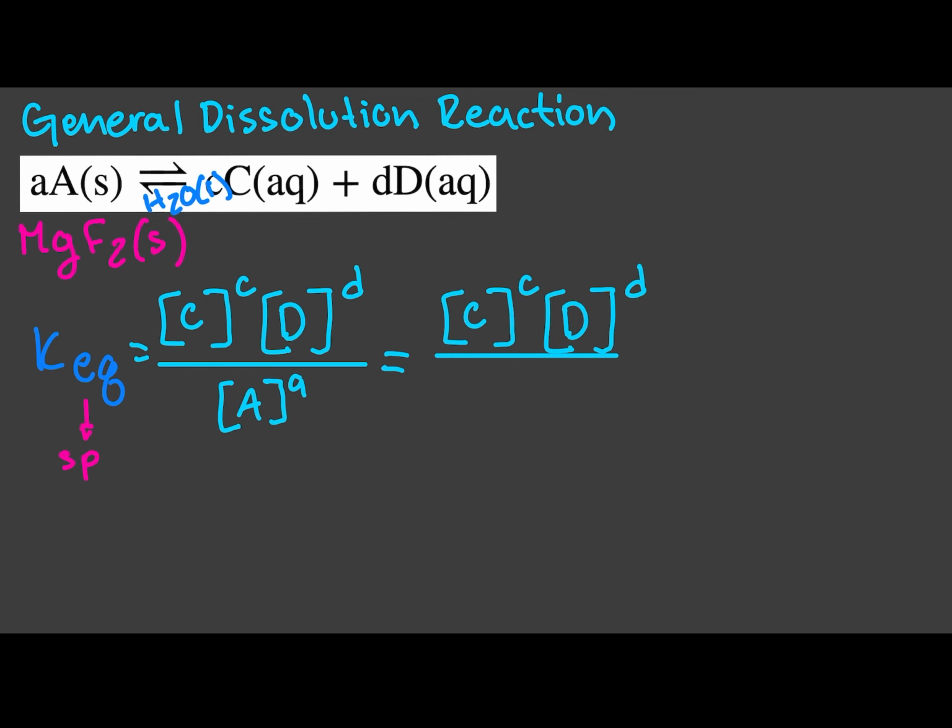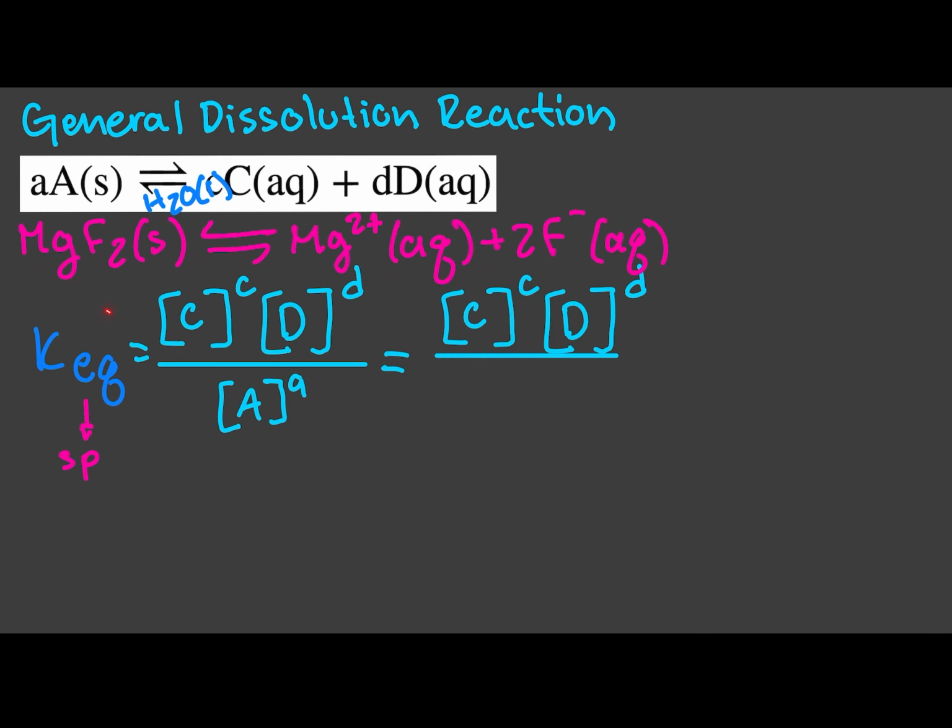If we write this out, we should expect this to break up into magnesium 2+ in its aqueous form, plus 2 fluorine minus ions in its aqueous form. So this is how we should expect, in solution, magnesium fluoride to break up.